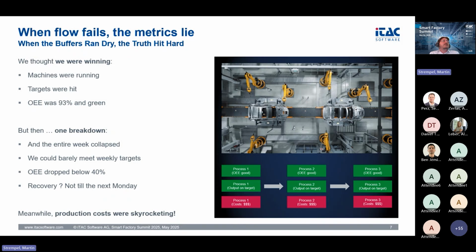We struggled to get to our volume at the end of the month, and the cost of keeping everything running was skyrocketing. This is what I really want to get down to. Although everything was green on the OEE side, we were actually in serious trouble. The premise for this discussion is: why was OEE not showing us that we had a problem?